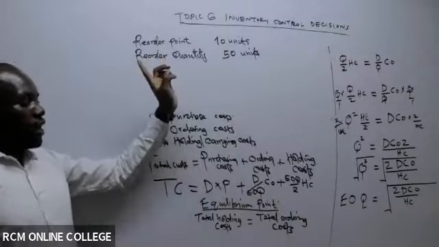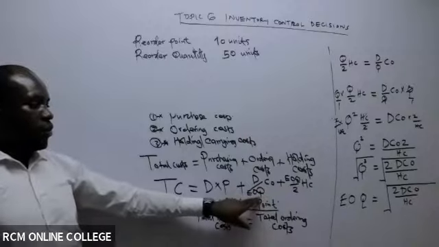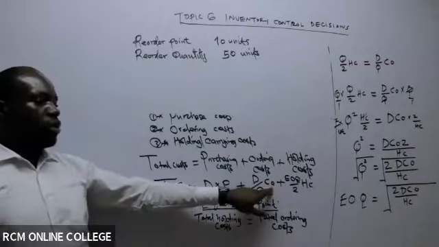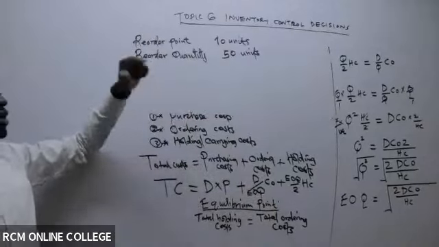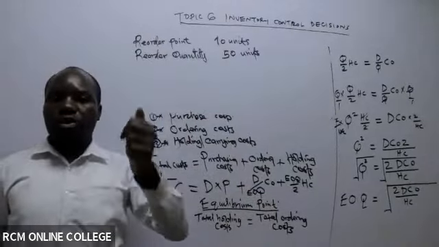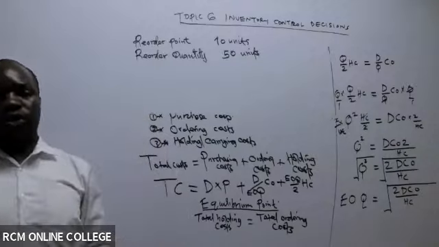So total ordering cost will be annual demand divided by economic order quantity multiplied by ordering cost per order. So the ordering cost does not depend on the units being ordered, but on the number of orders we are going to make.